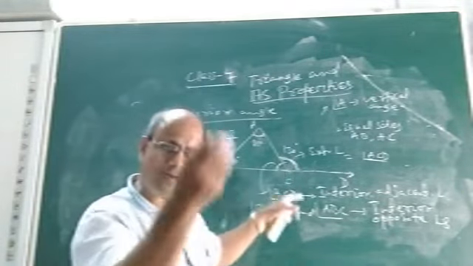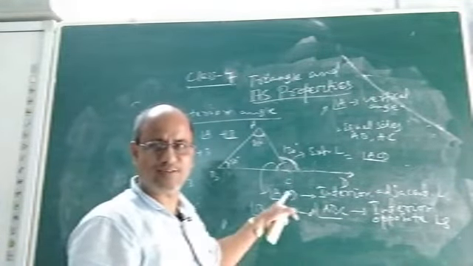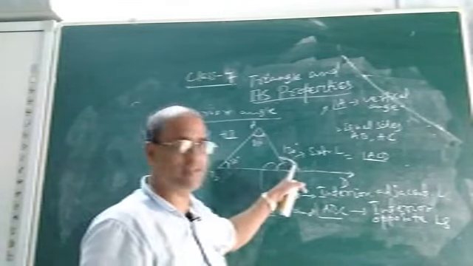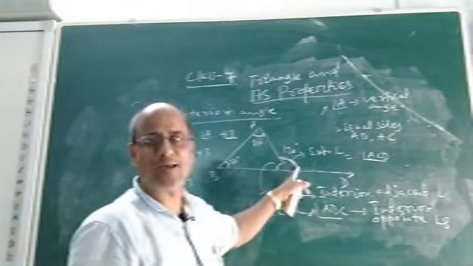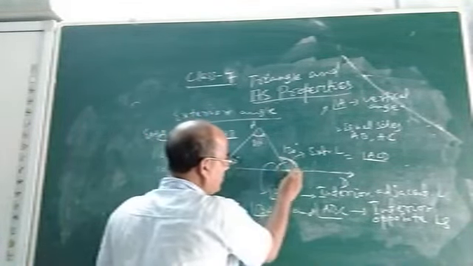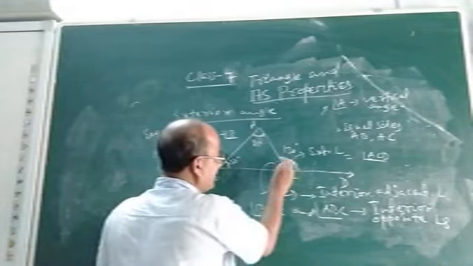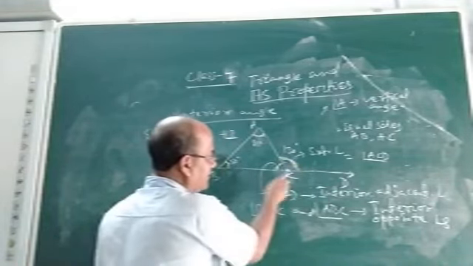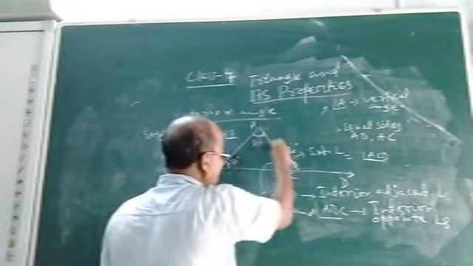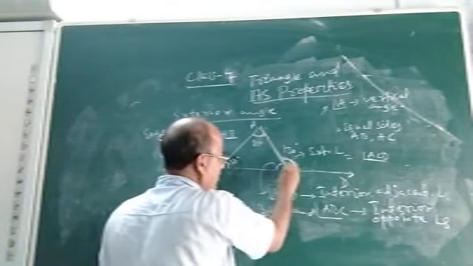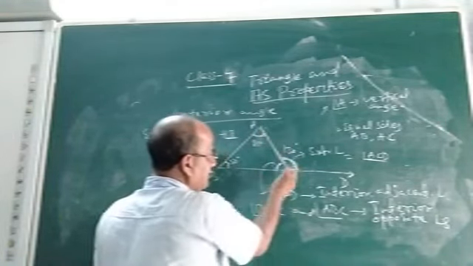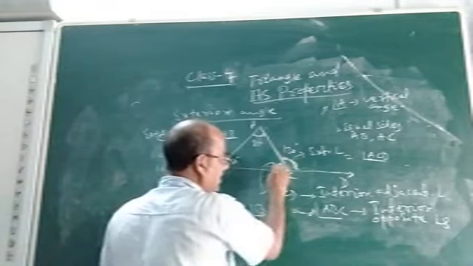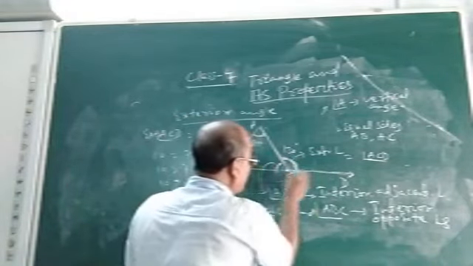You know what a linear pair is; we already read it in class 6. This angle and this angle form a linear pair. Why? Because these two angles have a common vertex C, and the common arm is CA. CA is the common arm of this angle and this angle, and C is the common vertex. And what about the non-common arms?